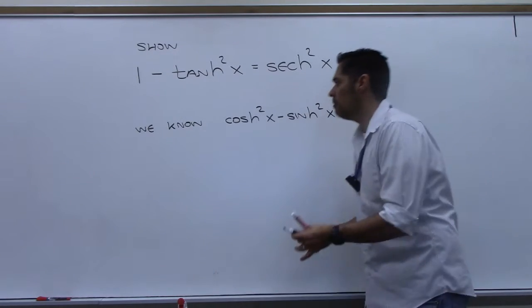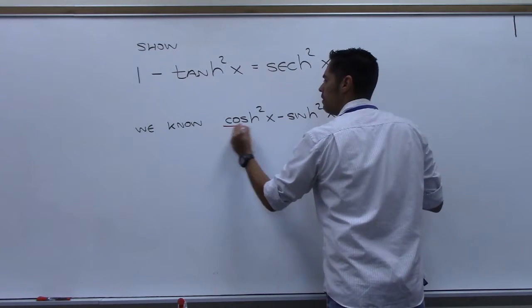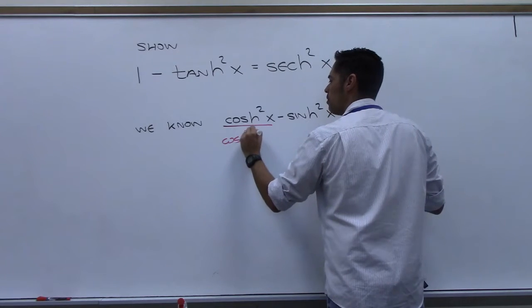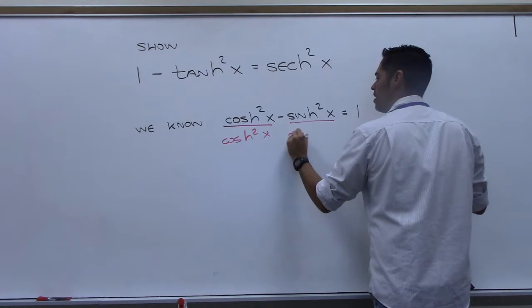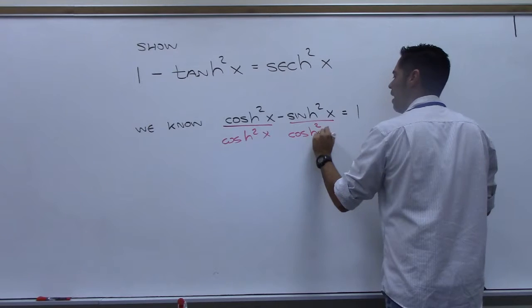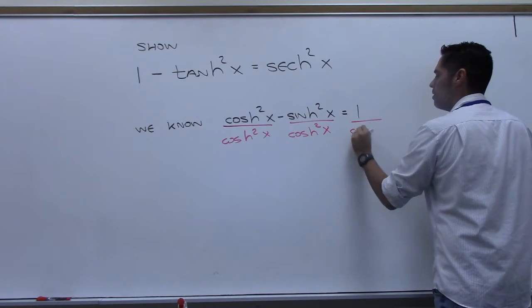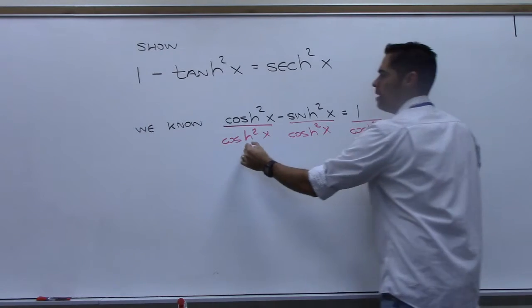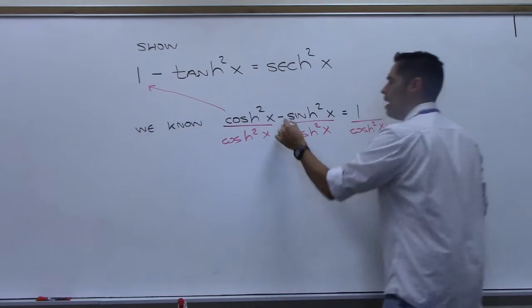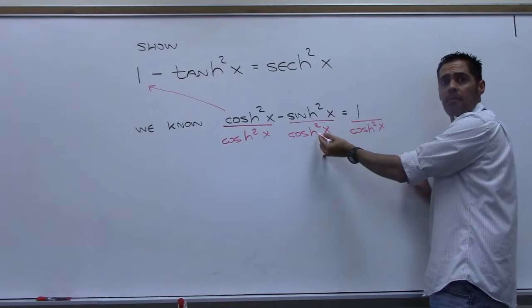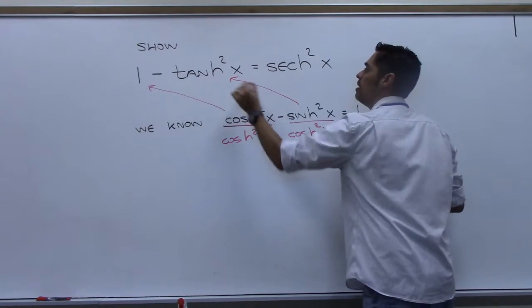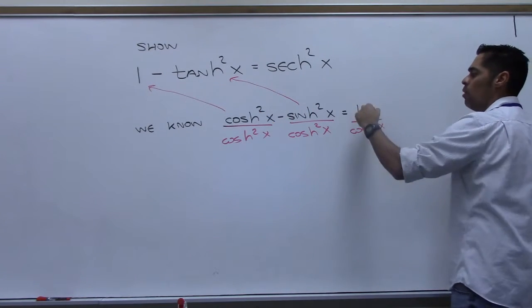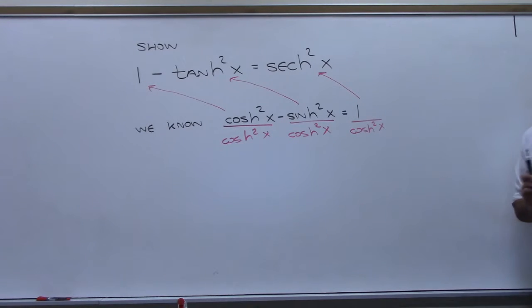The equation we know is true: divide this by cosine hyperbolic squared x, divide this by cosine hyperbolic squared x, and divide this by cosine hyperbolic squared x. You get 1 minus sine over cosine, which for hyperbolic is the same thing, so tangent hyperbolic squared. And then 1 over cosine hyperbolic is secant hyperbolic squared.